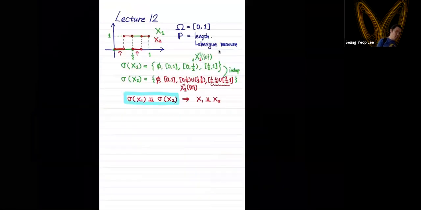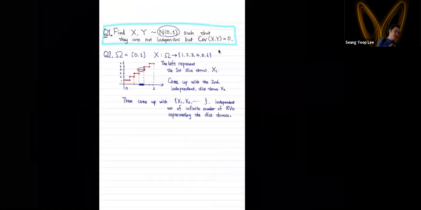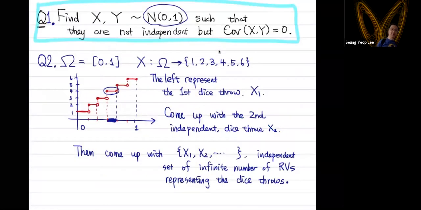And now the homework was, I gave you this one as x1. The above is an x1. And I asked you, so here, what's the sigma algebra? Sigma algebra is preimage of 1, preimage of 2, preimage of 3, 4, 5, 6. So those are 0 to 1/6, 1/6 to 2/6. Those are elements of the sigma algebra, and those complements and unions.